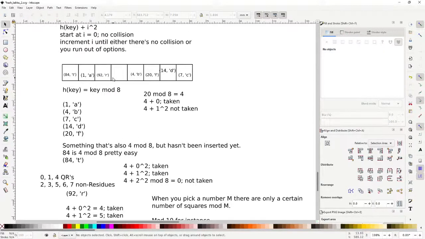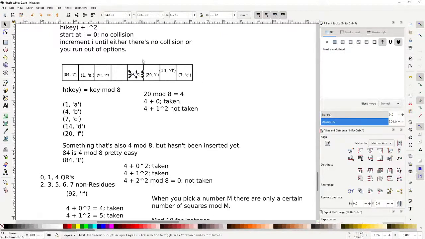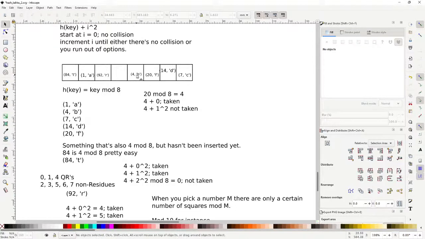So instead of being quadratic, let's say that this is linear. Whenever you do linear probing, that means that your find also has to do linear probing, because you will have to be able to find any of the elements that you insert. So insert and find have to do the same kind of probing, right?